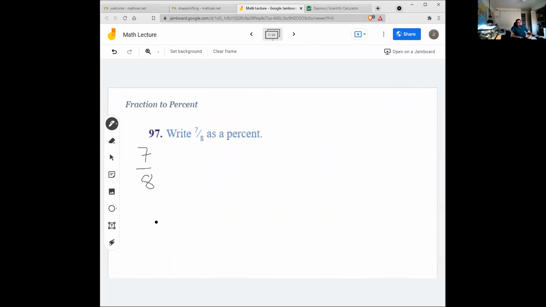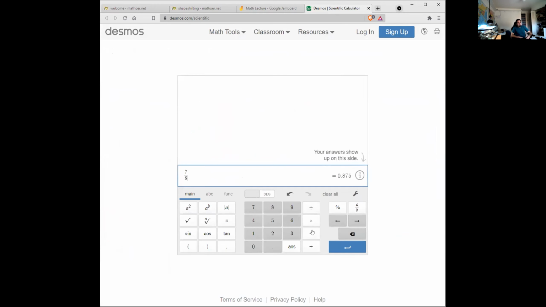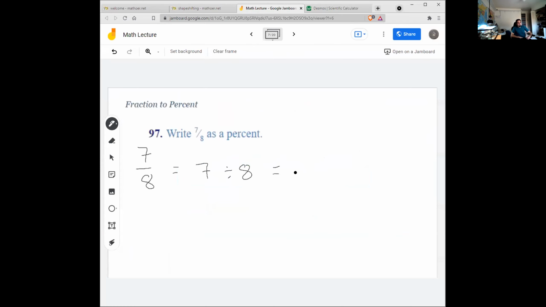I can take 7/8 and write it as a decimal. The fraction bar is just like division. Use my calculator. We don't need to worry about doing this by hand. And then we can put on a percent sign if we do the opposite of a percent sign, just like we did before.